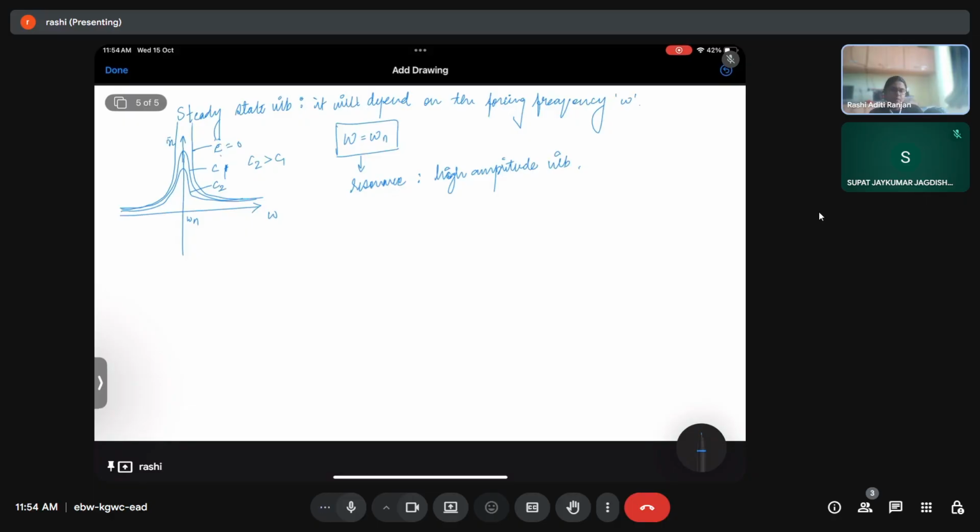This we have learned about earlier also. Just for reference, I'm writing mx double dot plus cx dot plus kx equals 0. So this is the C we are talking about over here. So this is how it is going to affect.